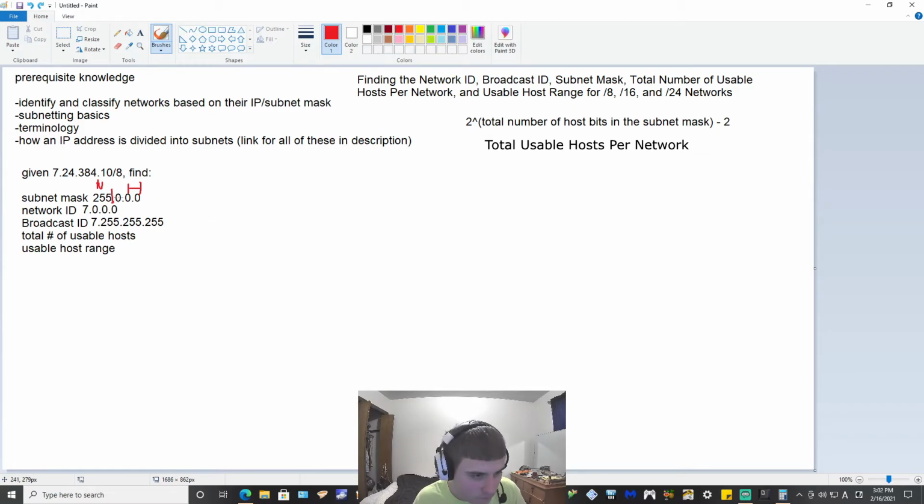If you think about this subnet mask in binary, I'll write it out just to illustrate. This is our subnet mask, 255.0.0.0 in binary. So it's 1, 2, 3, 4, 5, 6, 7, 8, like 128, 64, 32, 16, 8, 4, 2, 1, so that's where we get the 255.